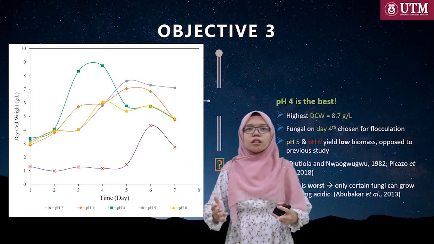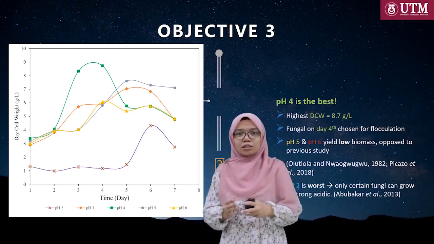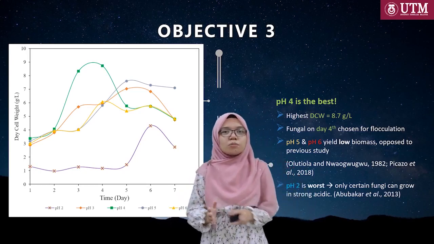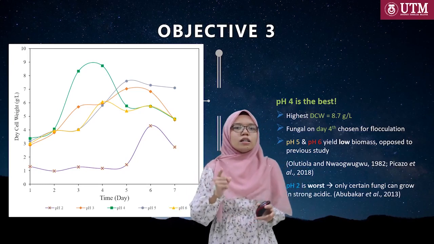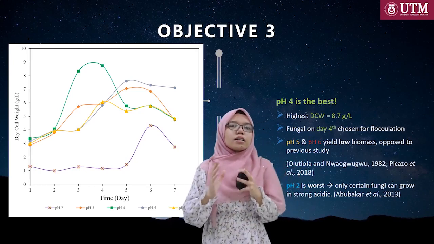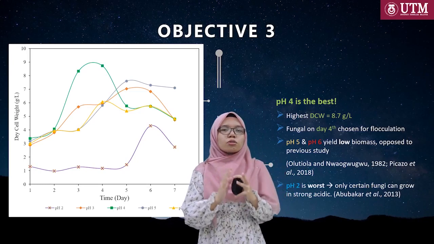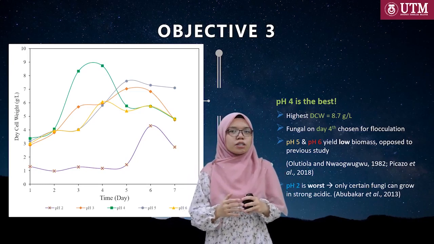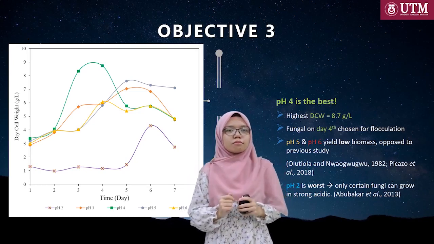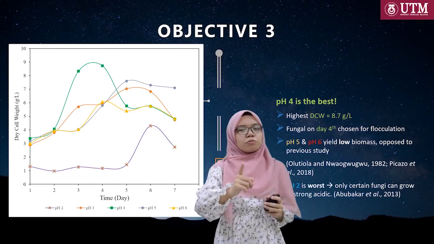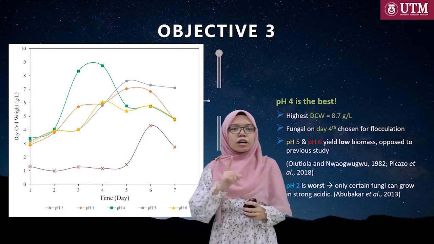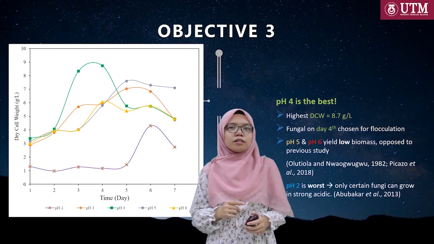However, pH 2 as the worst is similar to the study, because the study reported that only certain fungi can grow in strongly acidic conditions, such as Penicillium species. It can be concluded that pH 4 is best to grow Aspergillus aculeatus for flocculation.